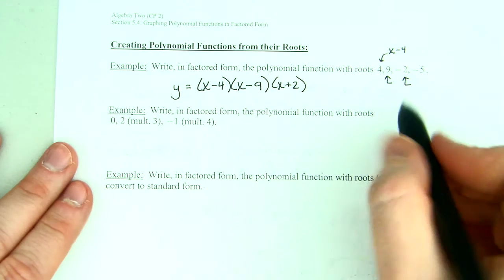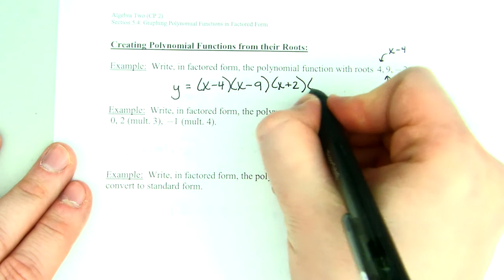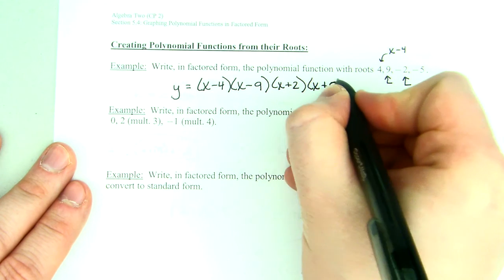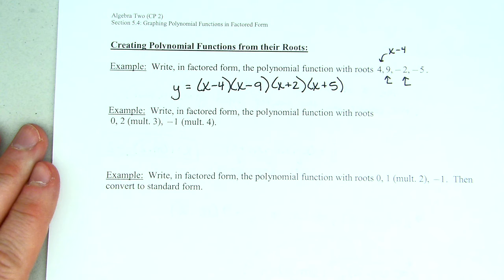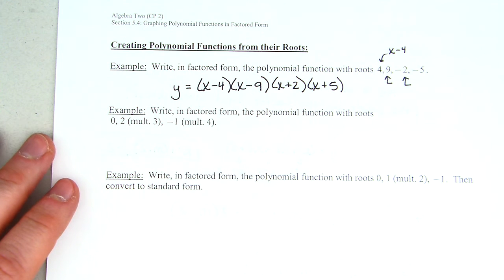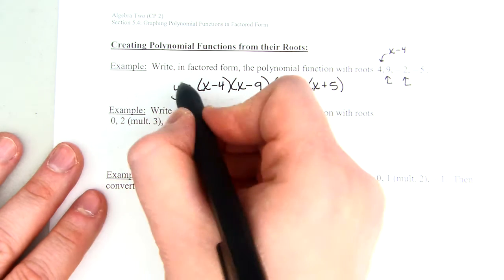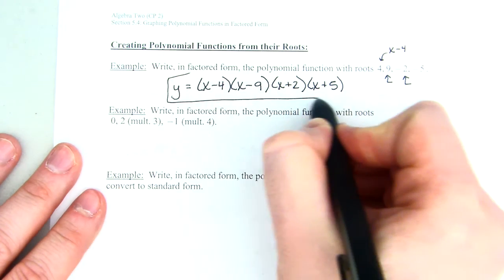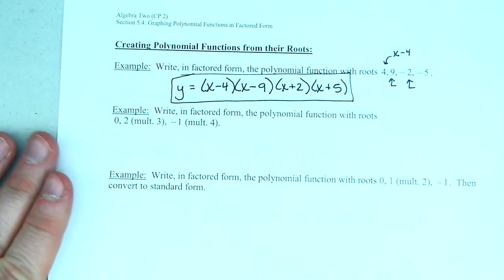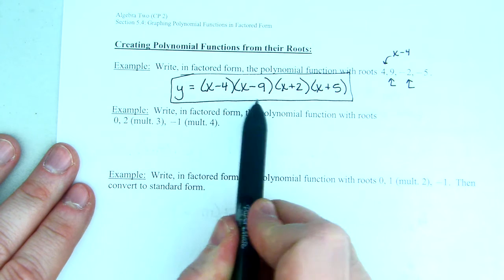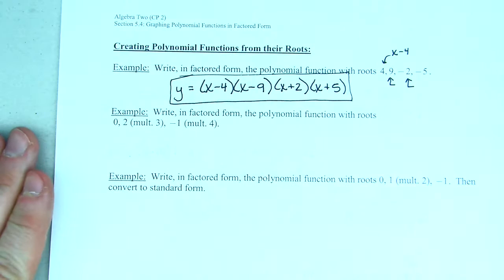And then, what little factor would give us negative 5 for a solution? Well, x plus 5. Let's see, I was told to do this in factored form, so actually it looks like I'm done. That is my factored form polynomial function with roots at 4, 9, negative 2, negative 5.